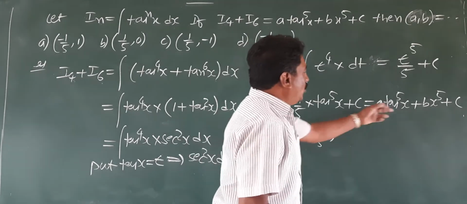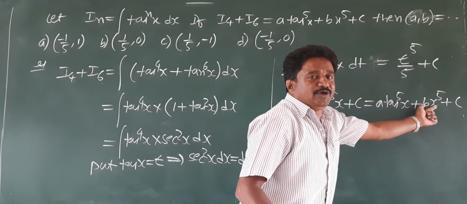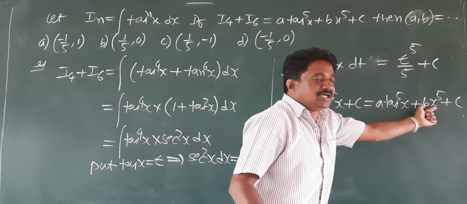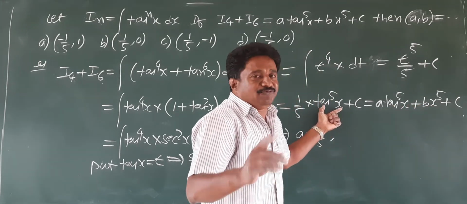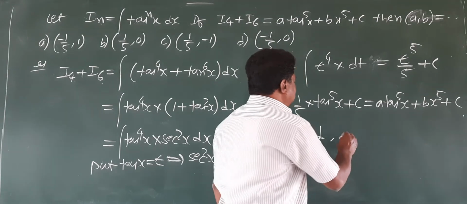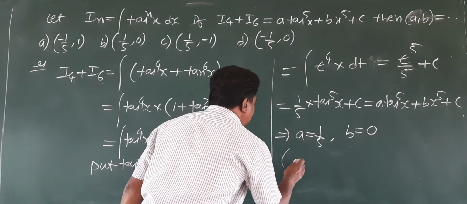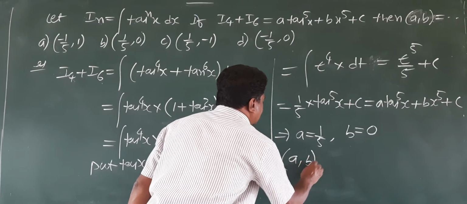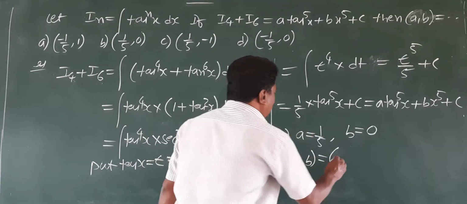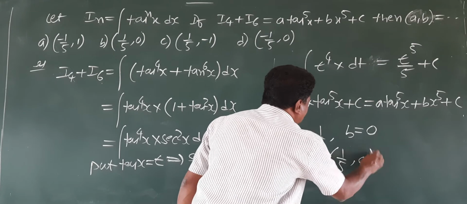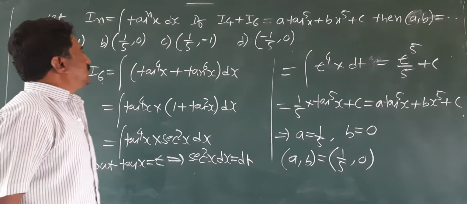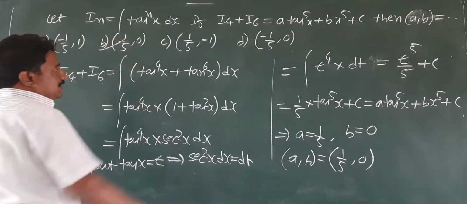We don't have the b term in our answer. Therefore, the b value must be 0. Tell me the ordered pair (a, b), students. a is 1 by 5 and b is 0. Which option is correct? So option B is correct.